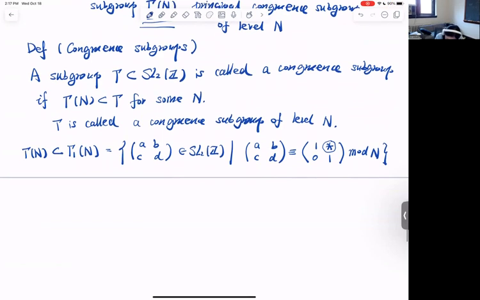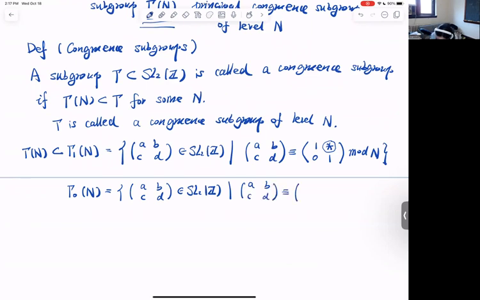Another family of congruence subgroups is the so-called gamma 0 of n, for the same n. It's ABCD in SL2Z, and all I'm asking for is C to be 0 mod n: star, star, 0, star mod n.